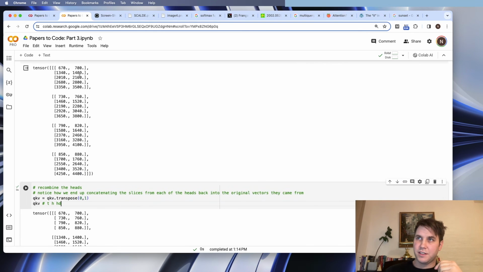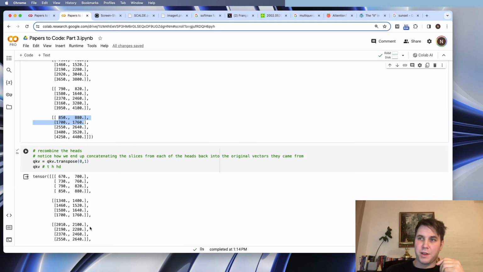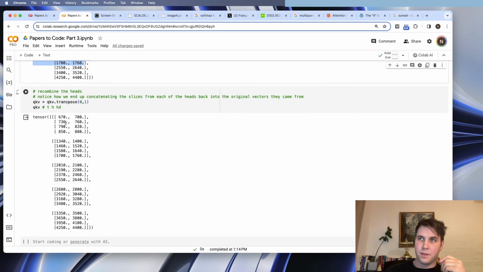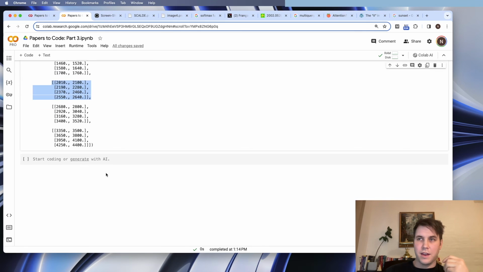So you'll notice that this head 670, 700, and then this was the second part of the first token. And this was the third part of the first token. And this was the fourth part. We've recombined them all here. And so this just corresponds to our first token, and this is our second, and this is our third. And now we finally reshape this back into the original dimensionality, and we're back where we started.